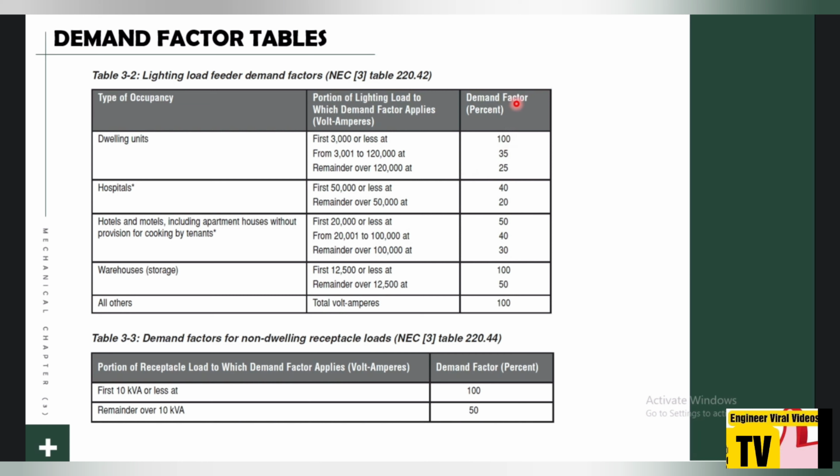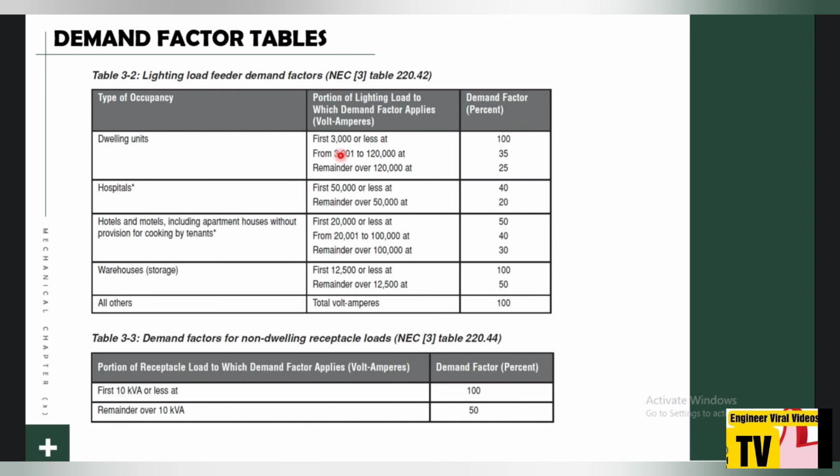We consider that the demand factor in the first case is 100%, and here 35%, and here 25%, and so on. And in the hospital also there is a column for 50,000 or less or more than 50,000. We'll consider it 40% or 20%.